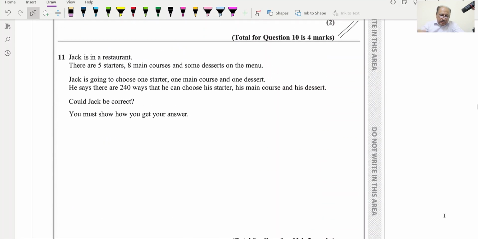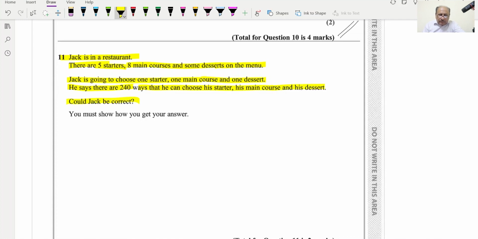Now question number 11. Question 11 says Jack is in a restaurant. There are 5 starters, 8 main courses, and some desserts on the menu. Jack is going to choose 1 starter, 1 main course, and 1 dessert. He says there are 240 ways that he can choose his starter, his main course, and his dessert.